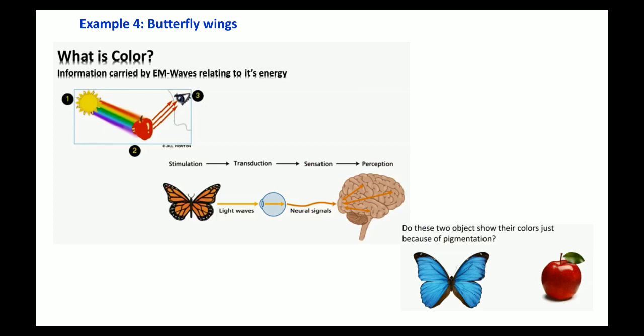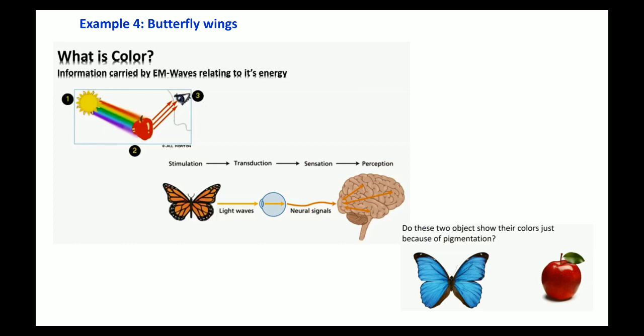So what is color? It is information carried by electromagnetic waves relating to their energy. We are all aware that we have a visible spectrum of electromagnetic waves, and in the visible spectrum you have different wavelengths, and each wavelength represents a different color.